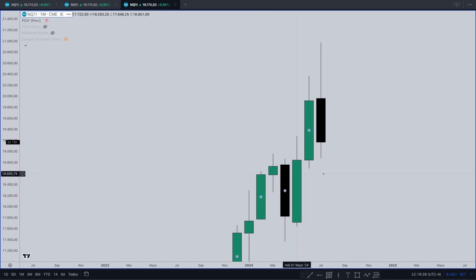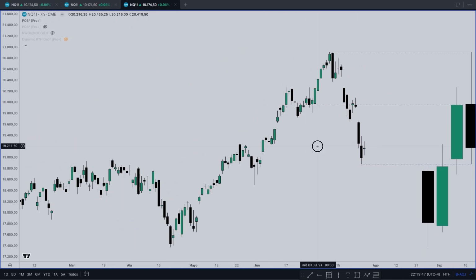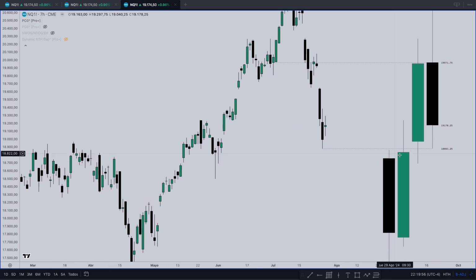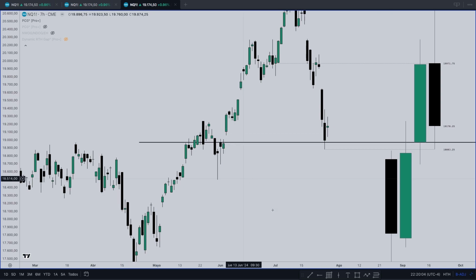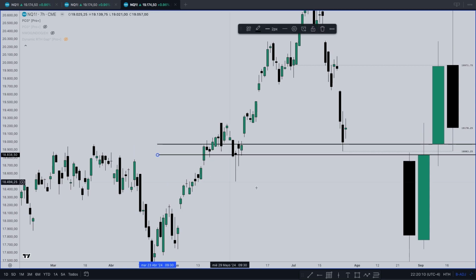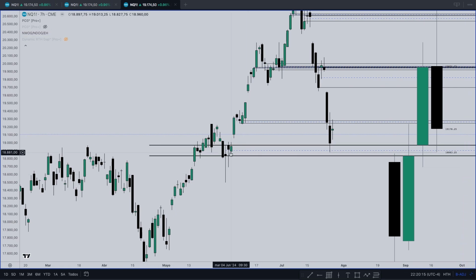This is a monthly chart from Nasdaq futures, and if we move on to the 7-hour chart and we use this indicator to plot the monthly candle, we can see how we have, between these two monthly candles here and here, a volume imbalance that is actually the first new week opening gap of the month.